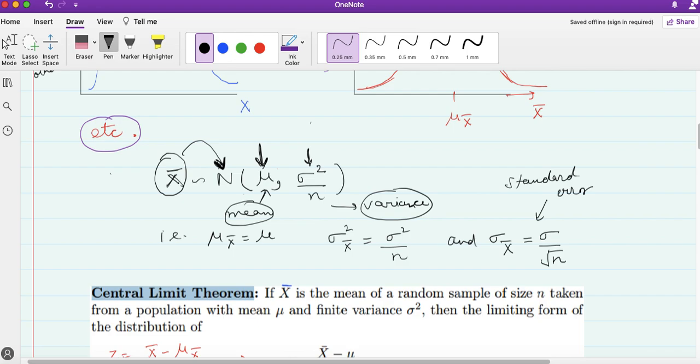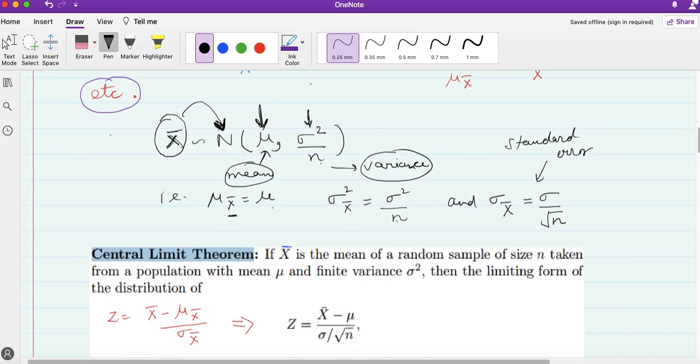So the difference between the population variance and the variance of the x bars is that it is now sigma square upon n. From here we can draw some information: the mean of the x bars is the same as mu, but the variance will change. It means the standard deviation, or standard error, will be sigma upon root n.